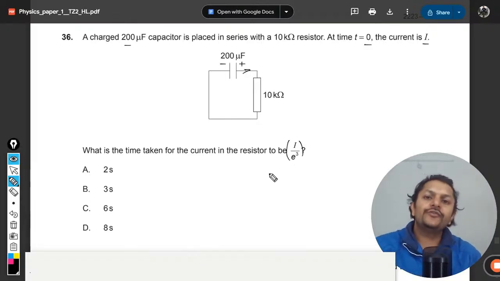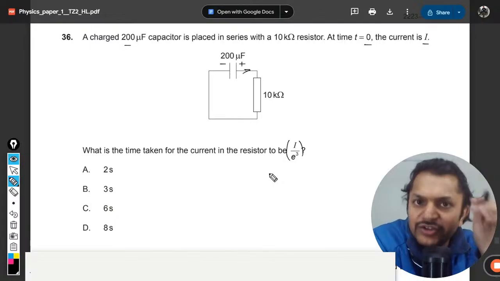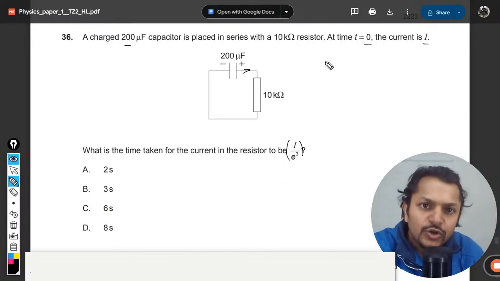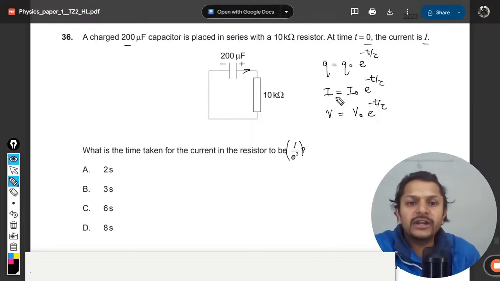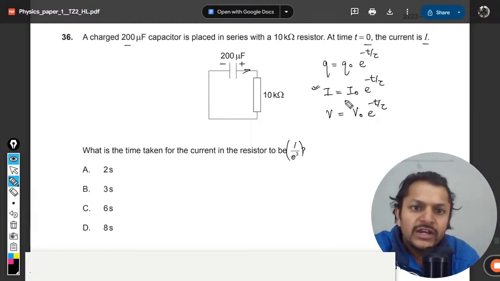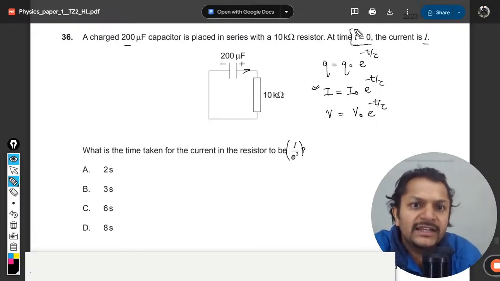Okay. So first of all, this question is about the discharging of a capacitor. In this case, we know that Q is given by Q naught e raised to power negative t by tau. Current is also given by the same variation, and the voltage across the capacitor is also having the same variation. But now we want to talk about the current. So we would be using this, and the peak value would be happening at t is equal to 0.